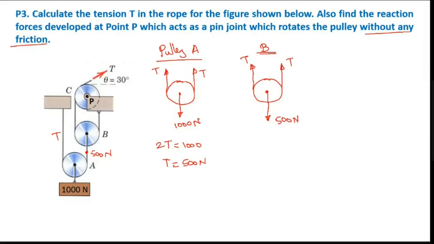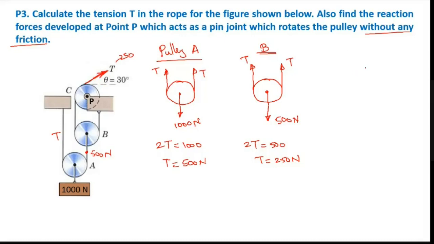Don't get confused: this T is different, this T is different, for this particular diagram. So again I can equate 2T is equal to 500 and I will get T is equal to 250 Newton. So this T is 250 Newton.